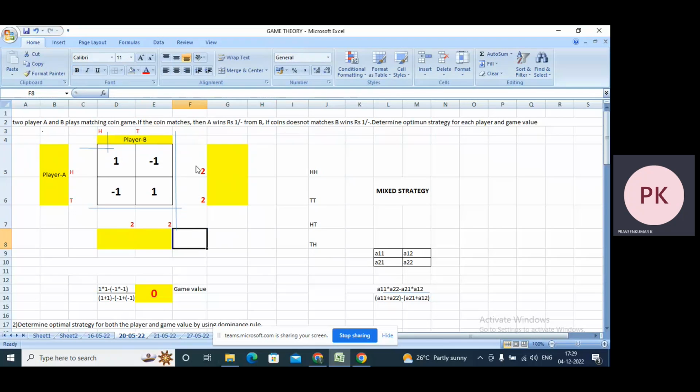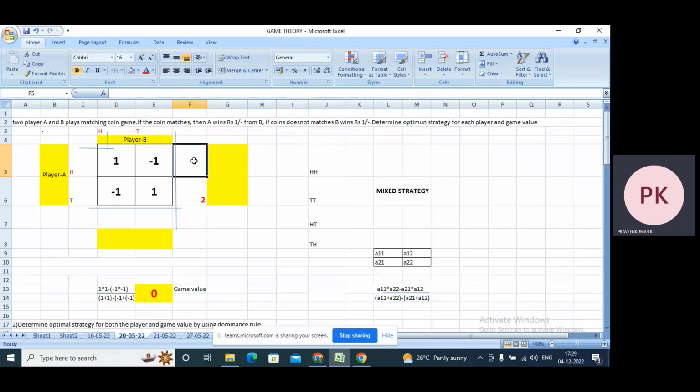I'll repeat these things once again because it's very important from the exam point of view. Look at the first row. 1 minus of this value, we are getting 2. This 2, I'll write in the second row. Next, to find this value, I'll go from this side. 1 minus of this value is plus 2.